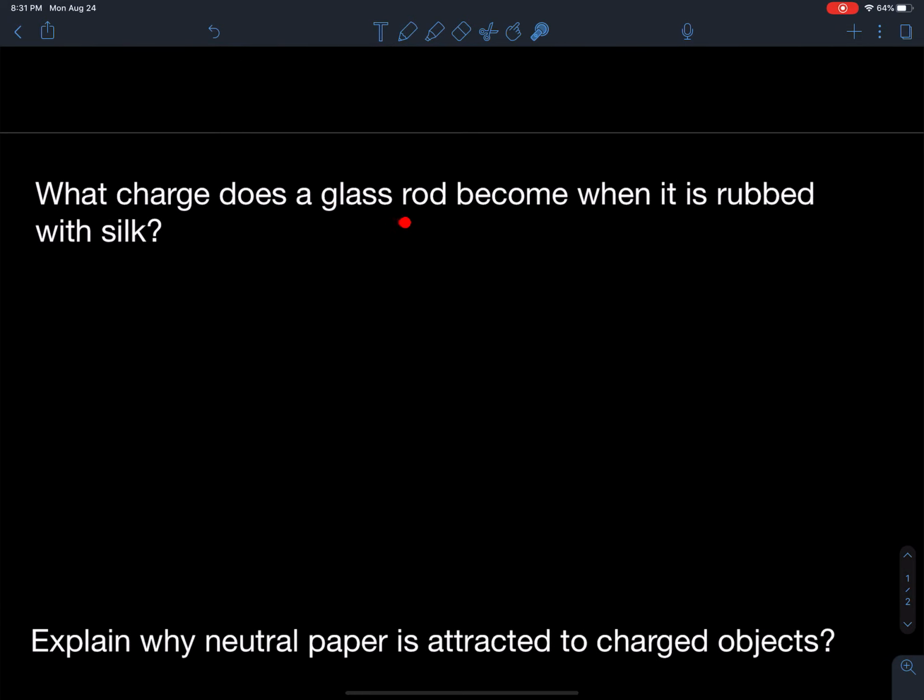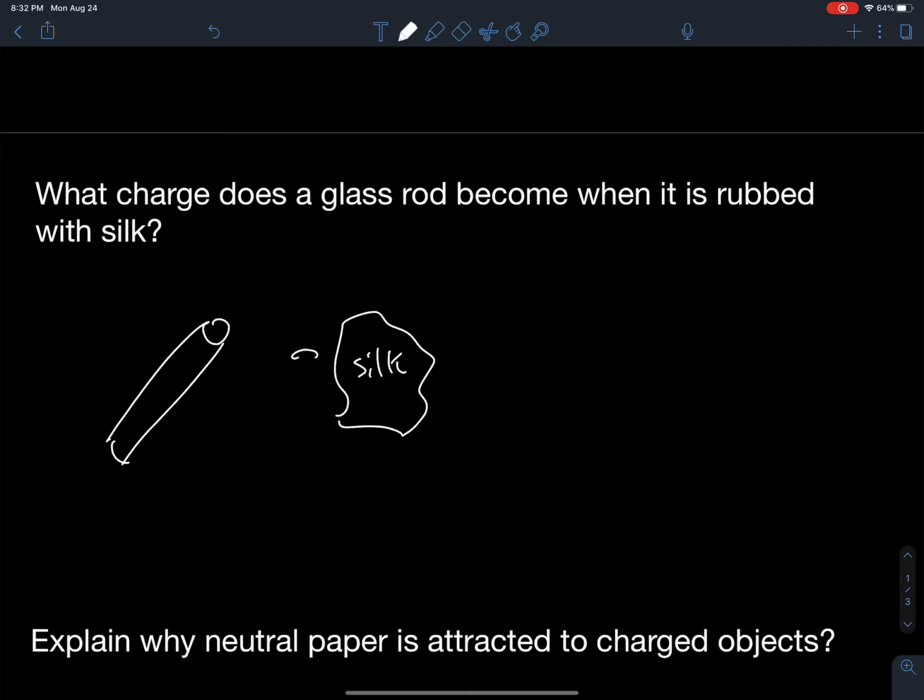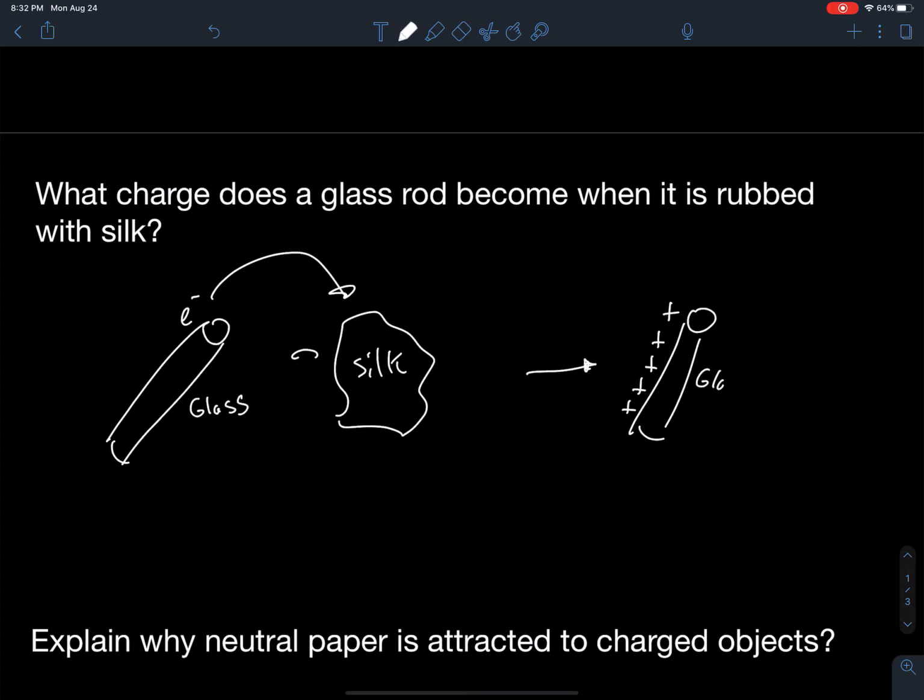What charge does a glass rod become when it's rubbed with silk? In this case, it's the opposite. When I take a piece of silk fabric and rub the glass rod, glass is quite electron rich. Electrons from the glass are going to move to the silk, leaving a positively charged glass rod.